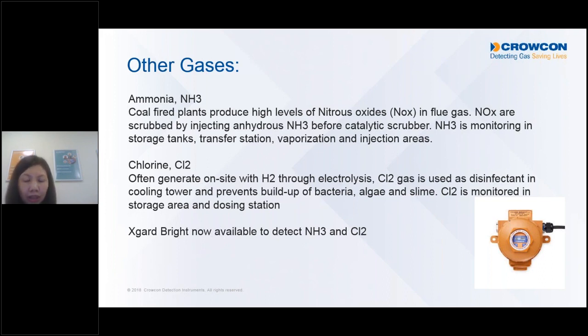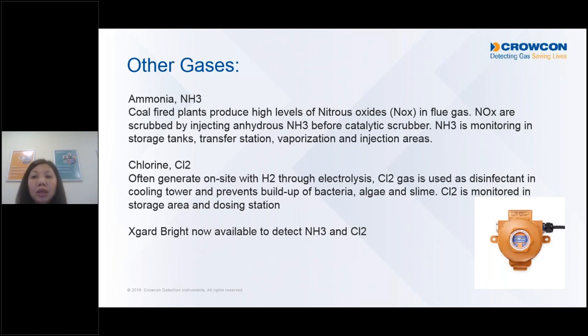It's a catalytic scrubber that doses pure ammonia, like 97 to 99% ammonia, to convert NOx into nitrogen and water. So the ammonia is at high concentration.